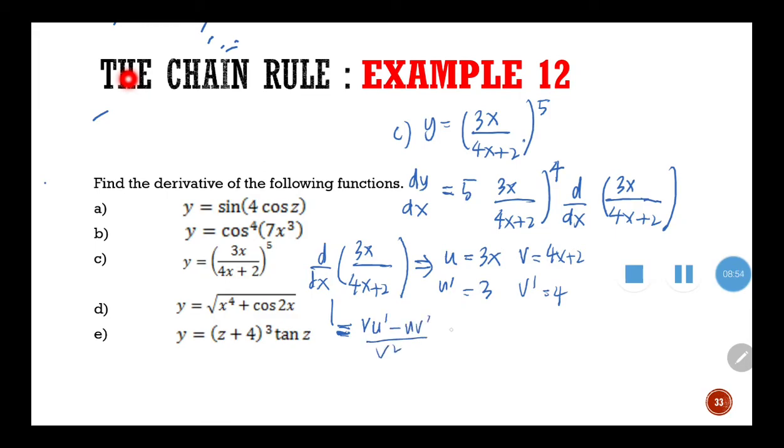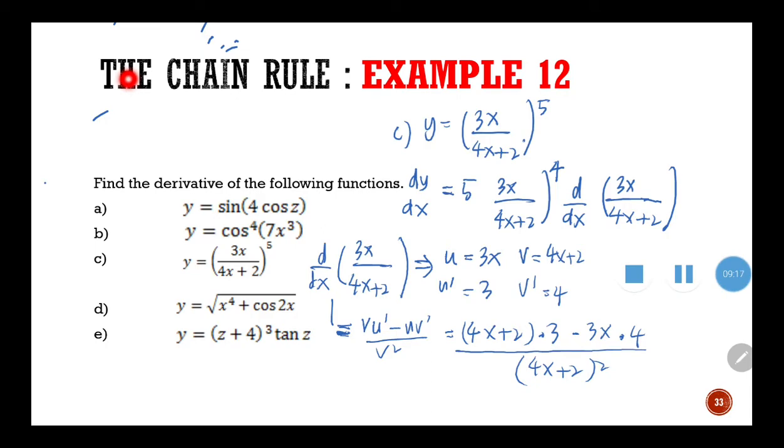So the formula will be 4x plus 2 times u prime which is 3, minus u v prime, which is 3x times with 4, over v square. V square is 4x plus 2 square.